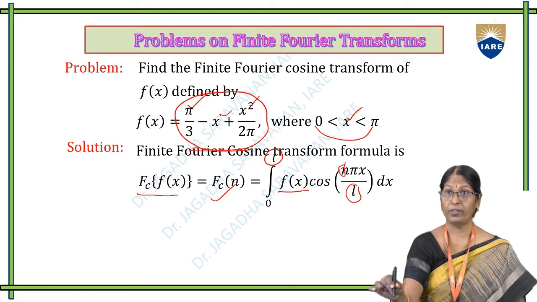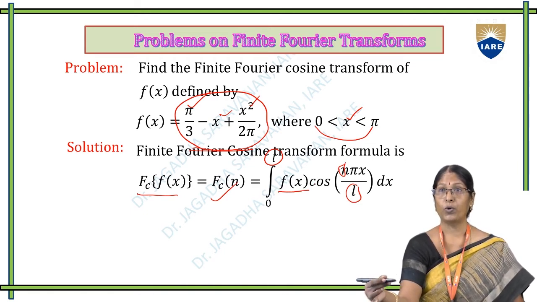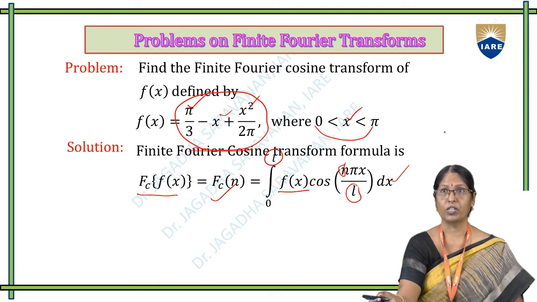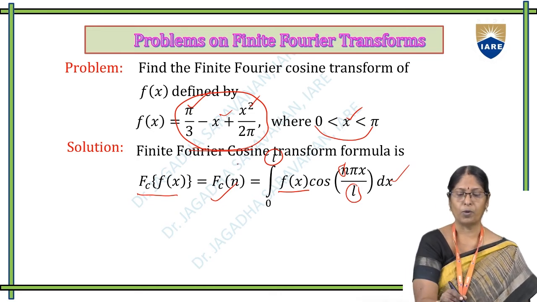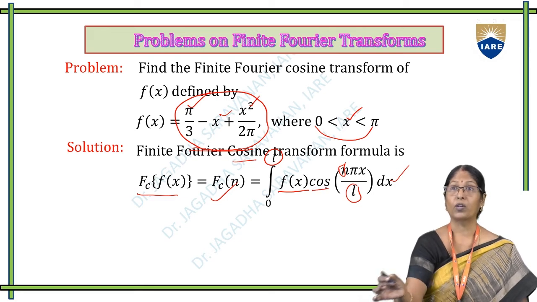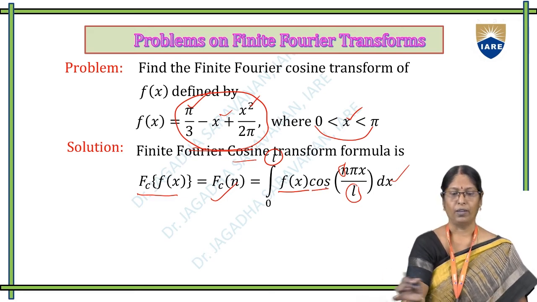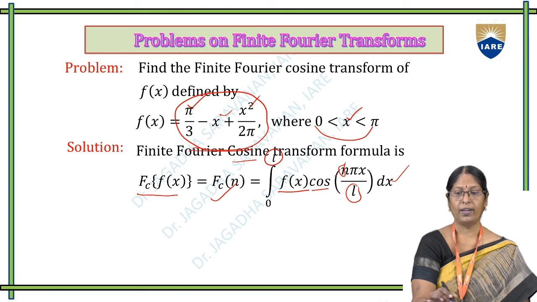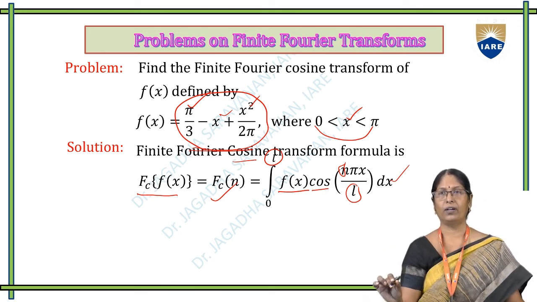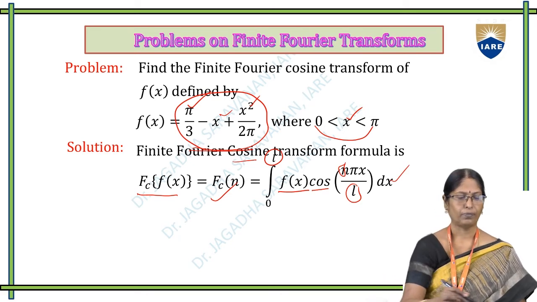This is to be replaced by our given problem, whatever the function which is given. And we have to do integration with respect to x. In the formula, cosine is there, so compulsorily here cos should be. If Fourier sine is there, here sine will come. Like this, each and every term, we have to keep in mind.